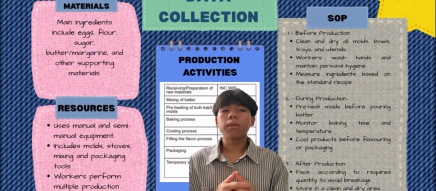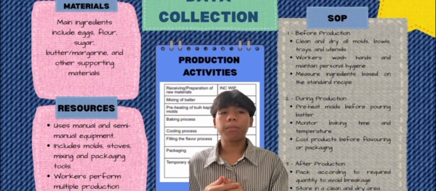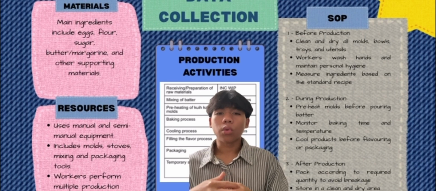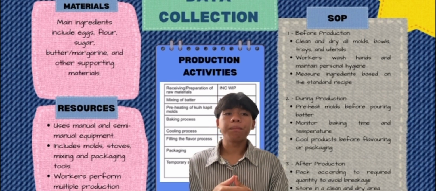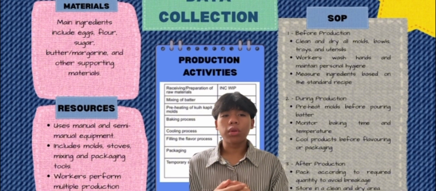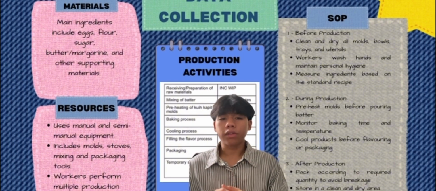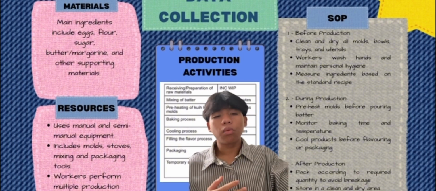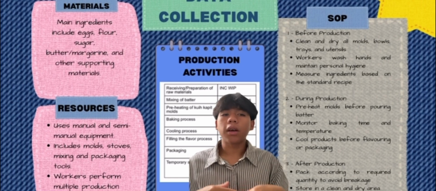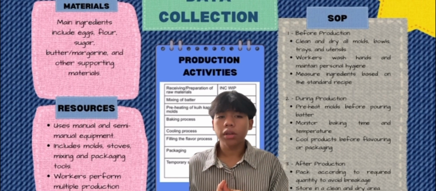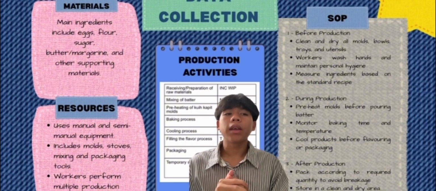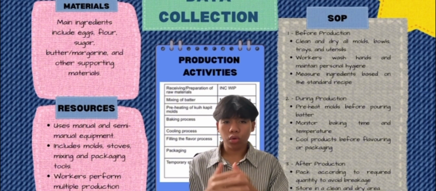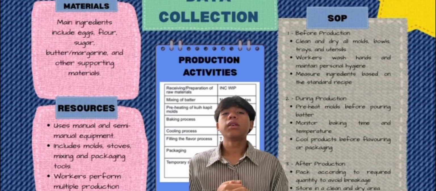During the production, molds are preheated before pouring the butter, so workers can monitor the baking time and temperature carefully. Products must cool down before flavoring or packaging. After the production, items are packed according to the required quantity to prevent damage. They are stored in a clean and dry area, and all workstations and equipment must be clean.